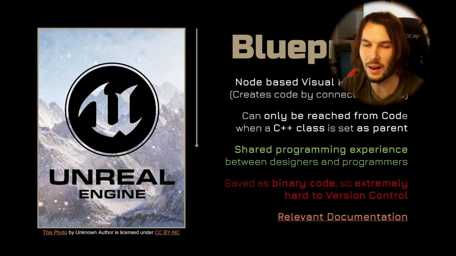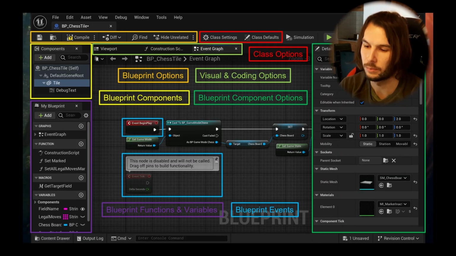So blueprints are really, really good to be able to talk to designers or people who don't have that much experience with programming, but they are extremely hard to version control, which is the trade-off you have to make.